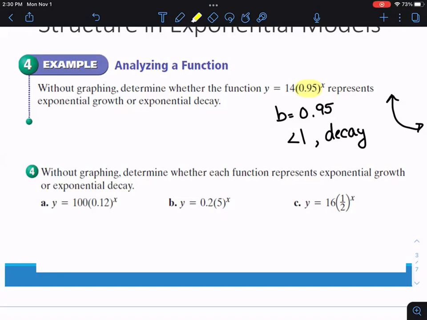All right, so for letter A here on the left, we have a B value of 0.12.